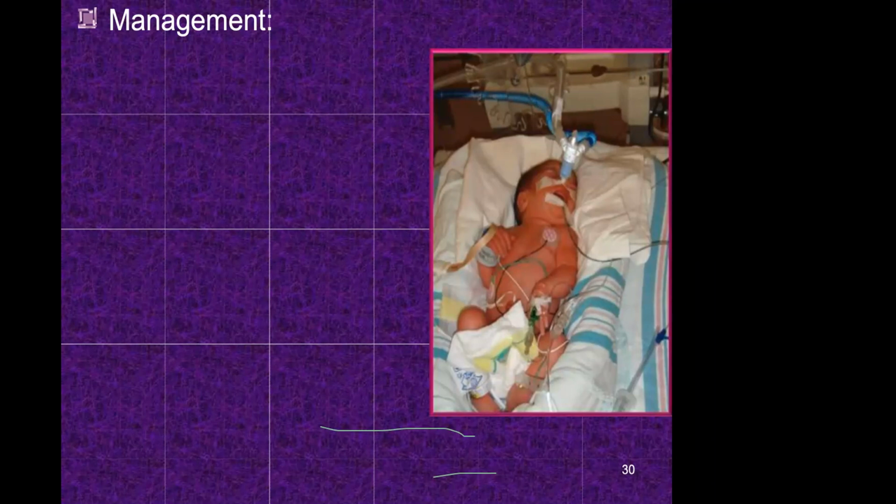What's the procedure specially done for such kind of patients?